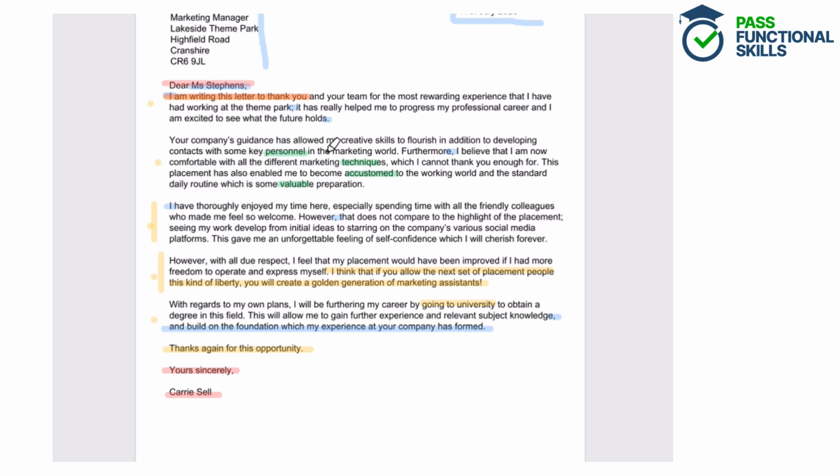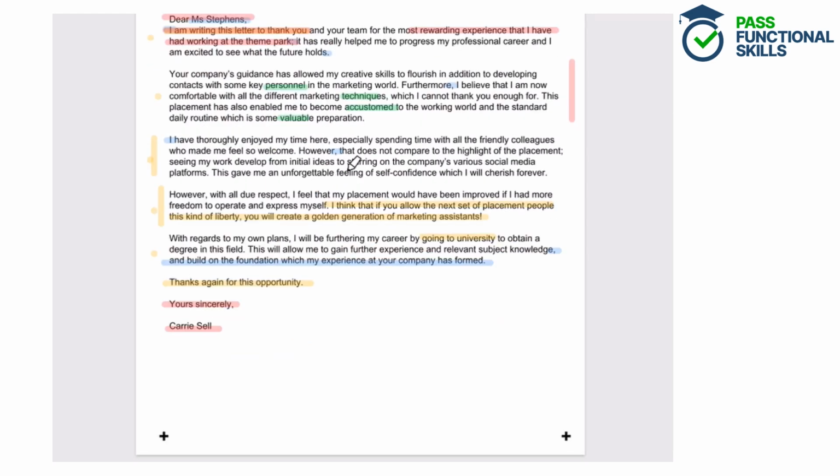And we're focusing on the theme park work experience here, the most rewarding experience that I have had working at the theme park. The second paragraph explains the skills that they gained on this placement while thanking Ms. Stevens for the placement. In the third paragraph, we get more details about the feelings that they had when working for the company and some of the highlights of the experience.